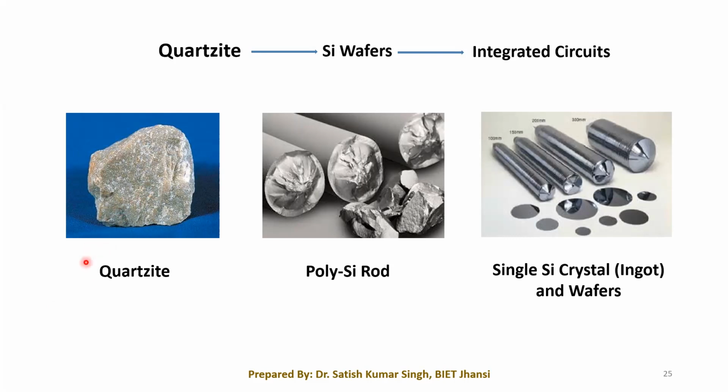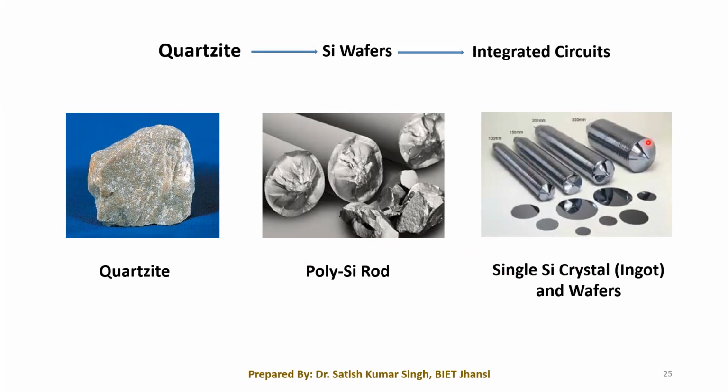First of all, we need to convert this quartzite into polysilicon rods. You see here, it is a polysilicon rod. Then from the polysilicon rod, we have to convert it to a single silicon crystal.